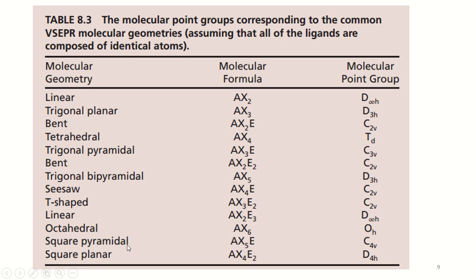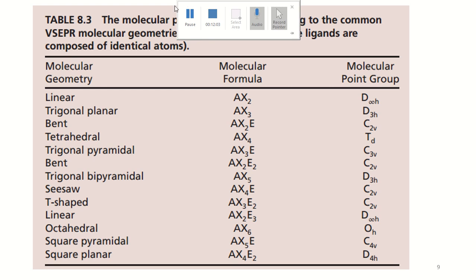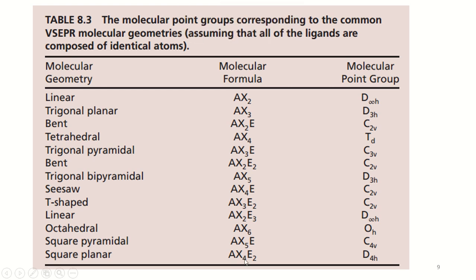If the geometry is square pyramidal, the molecular formula is AX5E, and the molecular point group should be C4v. While in case of square planar, the molecular formula would be AX4E2, and the molecular point group should be D4h.